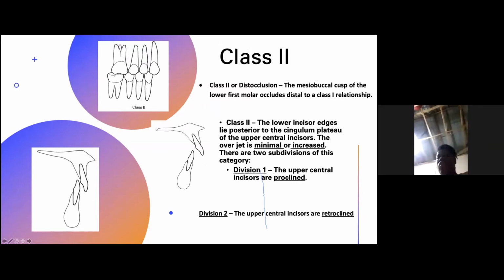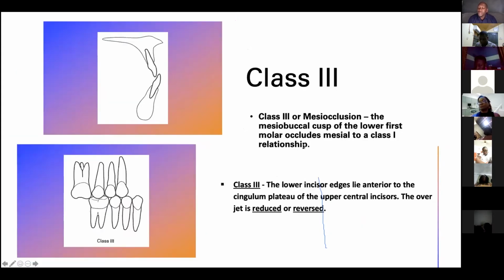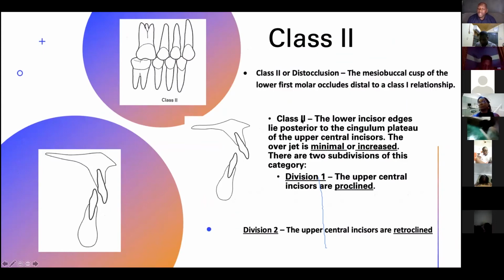Here's where it gets a bit confusing. Normally if I teach my students this, I'll split it up into 2 different subjects. But I just want to give you a bit of background information on the different anterior classifications that we have. So when it comes to class 2, you can split it up into division 1, and then division 2.